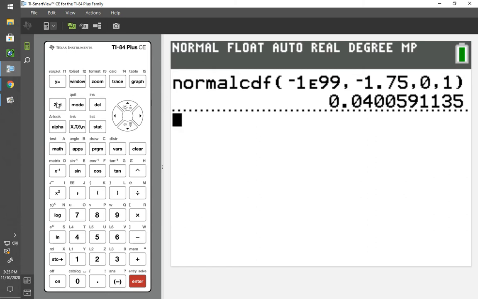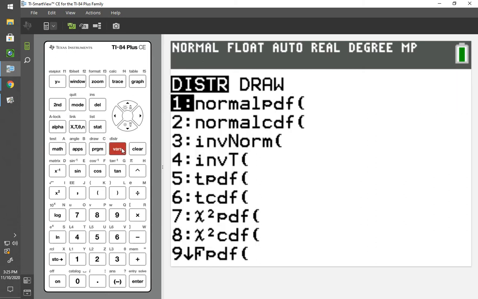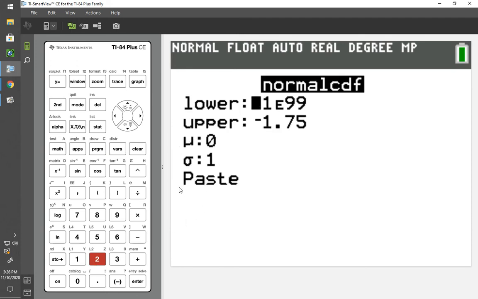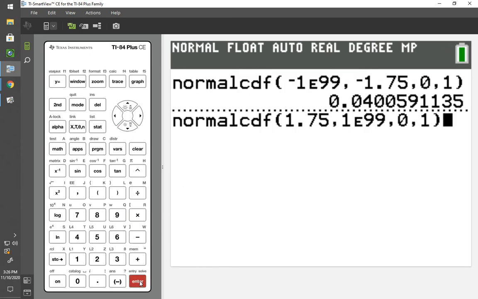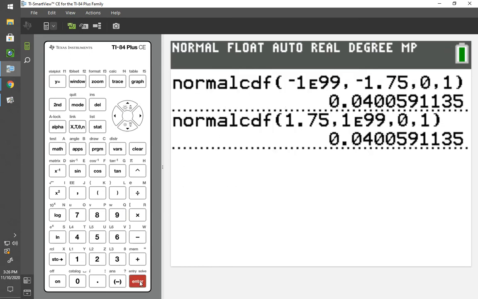But remember, there's another tail on the right-hand side that gives the same thing. I'll show you. Second, vars, number 2. If I did the 1.75 positive, the right side tail is the lower. And then I created a whole new upper, which would be 1 E, again, 99. So now I'm doing the right tail test, all the same stuff. I'm going to get the identical 0.04.